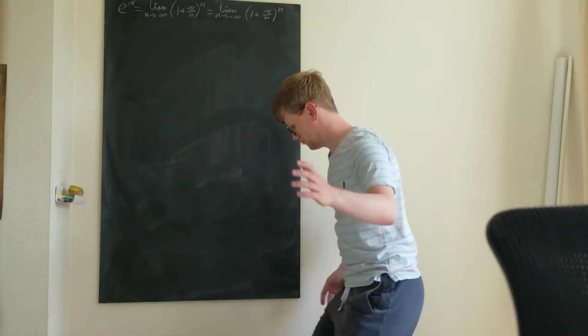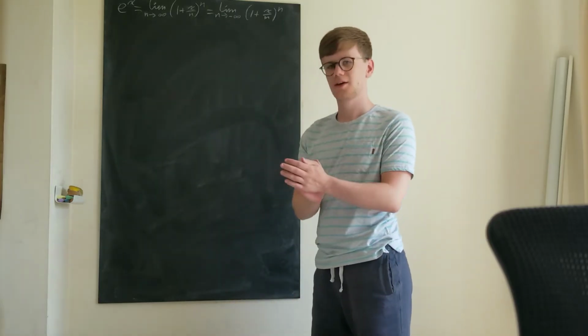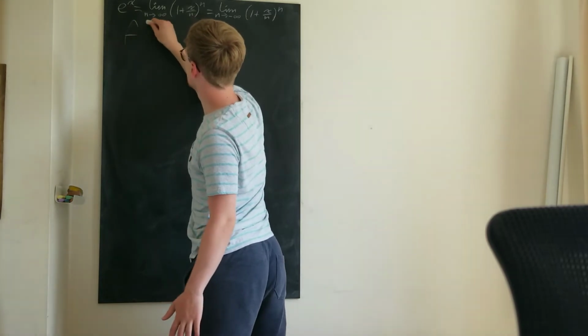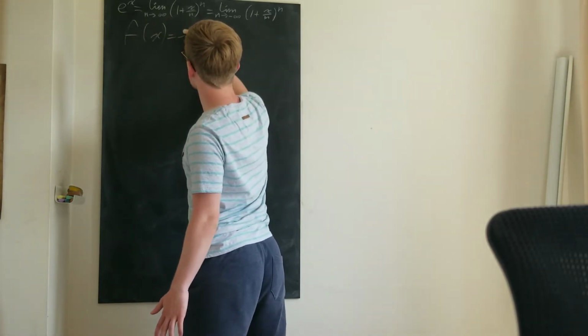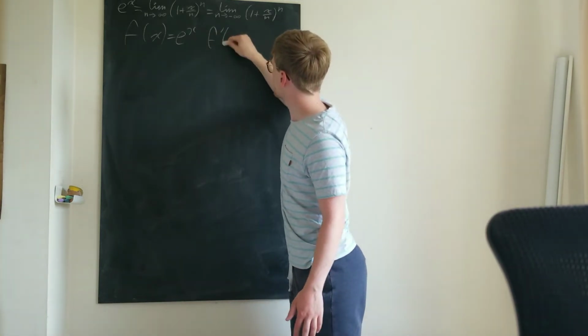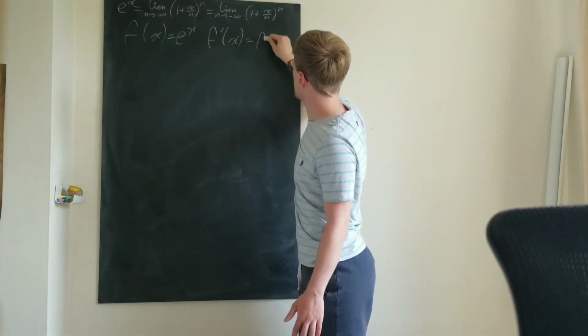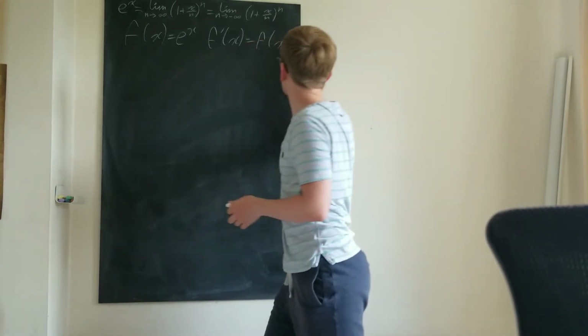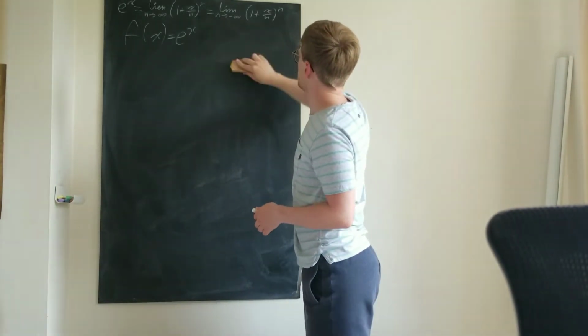So we want to consider the function f of x equals e to the x, and we want to show that f dash of x equals f of x. Well, how can we possibly do that? What we'll do is we'll use the definition of the derivative.